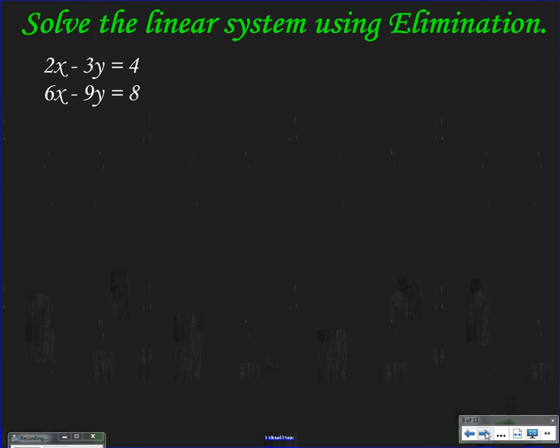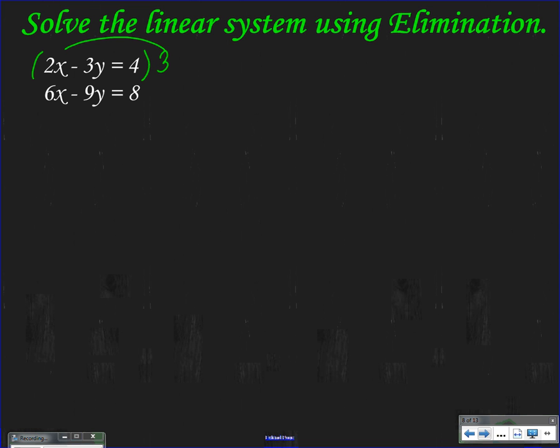So I'm going to take my top equation and multiply by 3. And that means multiply everything, even what's on the other side of the equal sign, by 3.